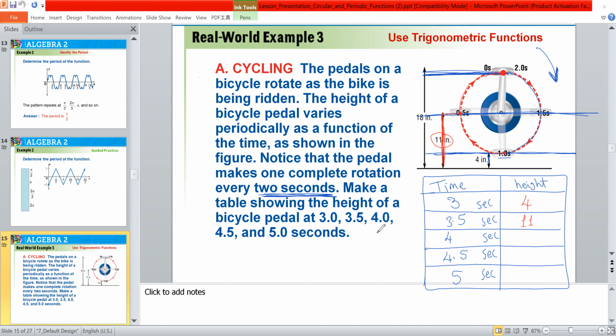Pay attention with me. We start from here, 3 seconds, 3.5, 4, 4.5. So at 4.5, the height of the pedal will be what?